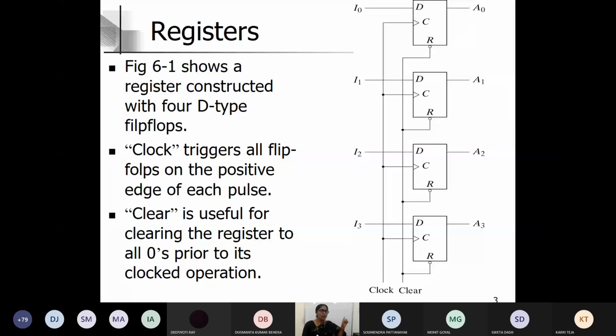And if you see, is the clock the same for every flip-flop? Yes. So you have the same clock applied to every flip-flop. So then it is a synchronous one. We don't know if it is a counter or a register. We will just find out what it is.